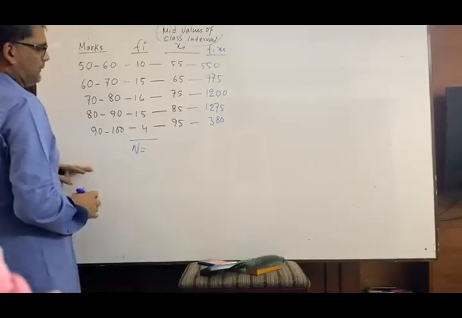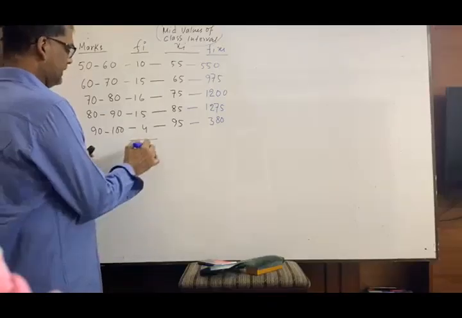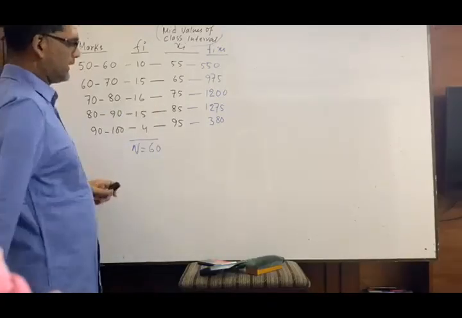Here n equals what? 25, 41, that is 60. N equals 60.